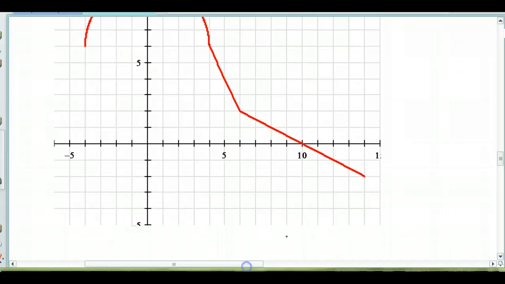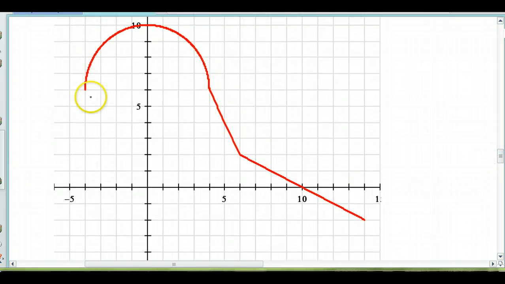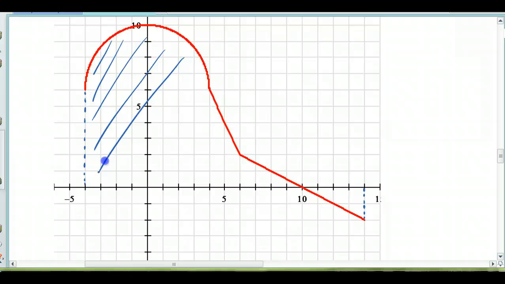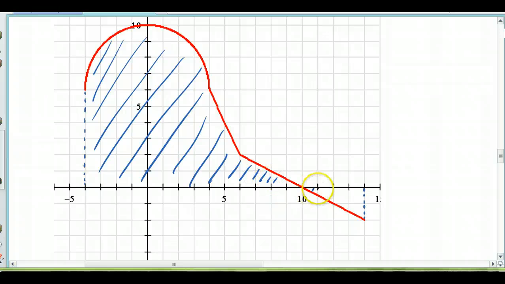All right, let's take a look at it. Here's my area, so I'm going from -4 to 14 right here. That's the average value they want. So I see I have this big piece right here, and that's going to be counted positive, and I have this big piece right here, and this little piece right there is going to be counted negative. All right, how am I going to get that?